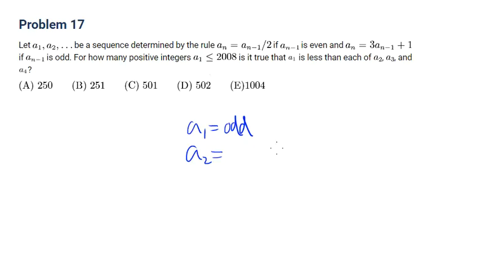Now we can split this into two cases: A2 is odd or A2 is even.